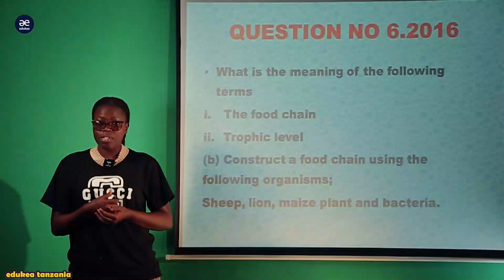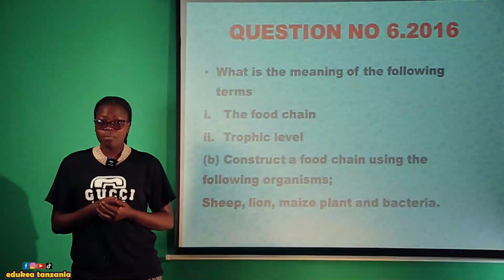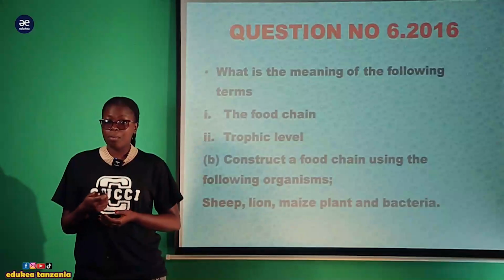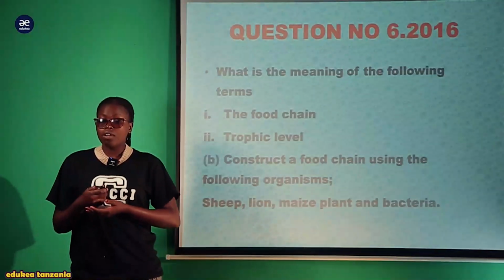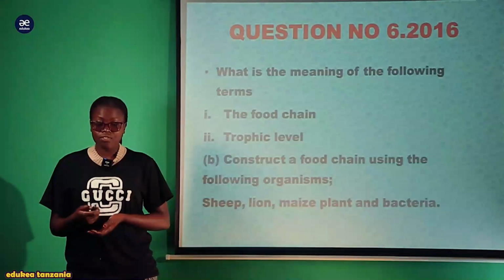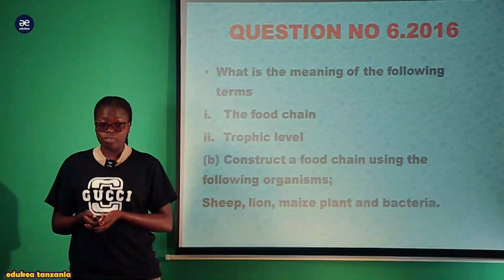All these concepts are derived from the same concept of the mode of interaction, where you discuss the food web and the food chain, and see how energy flows in an ecosystem, starting from producers to decomposers.